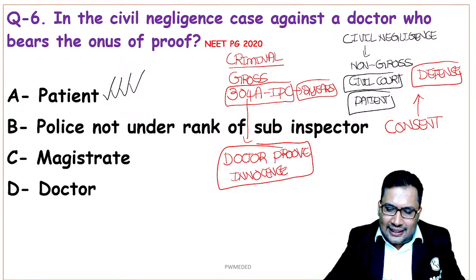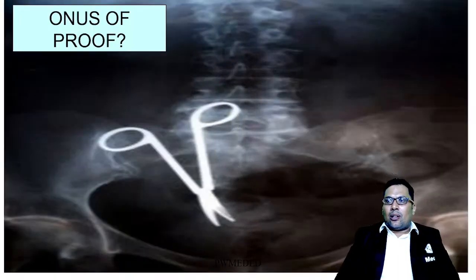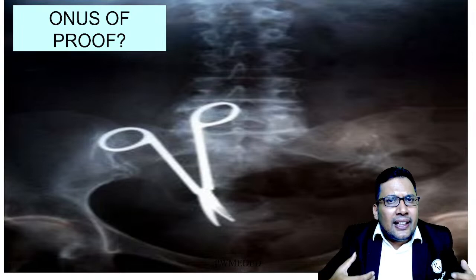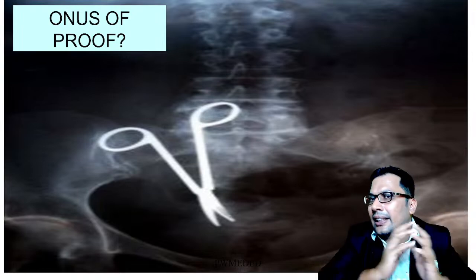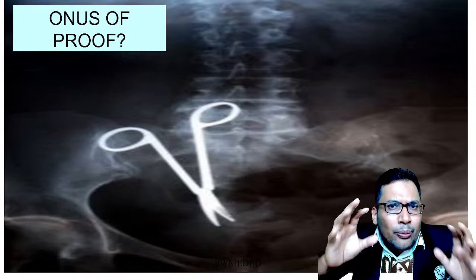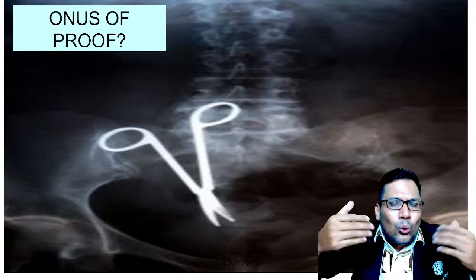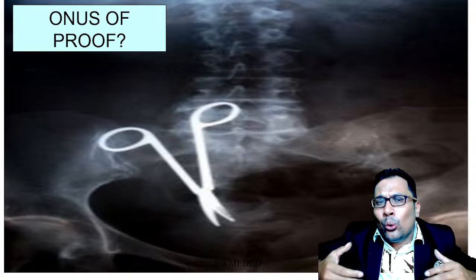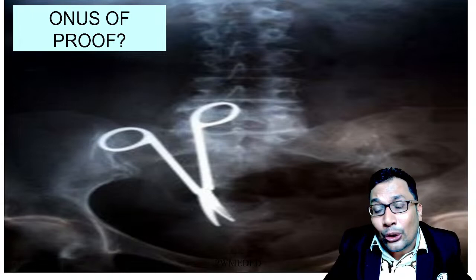Let me discuss with an example. Now look at this picture, all of you. What type of negligence is this, civil negligence or criminal negligence? You can see the instrument in the abdomen. My question is, what type of negligence and who has to prove the negligence here, or who has to prove the innocence?